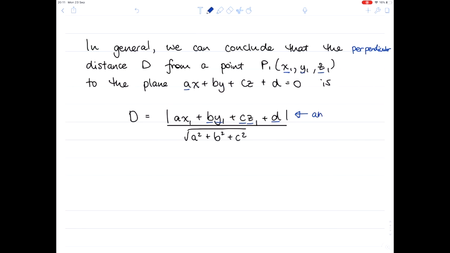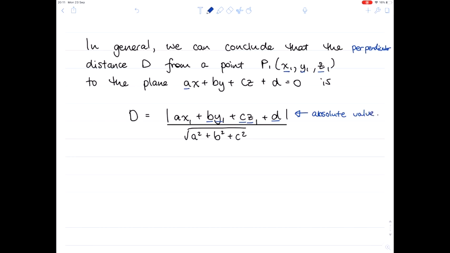So this is an absolute value, because remember you want your distance to be positive, and you divide through by the length of the normal vector. So if you're good at memorizing formulae, this would be one to memorize. Otherwise, you can work it out using the logic that we used in the previous example.